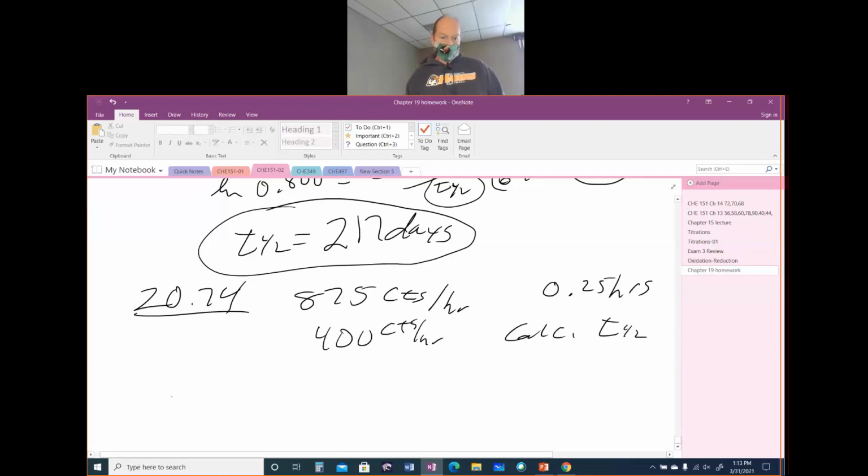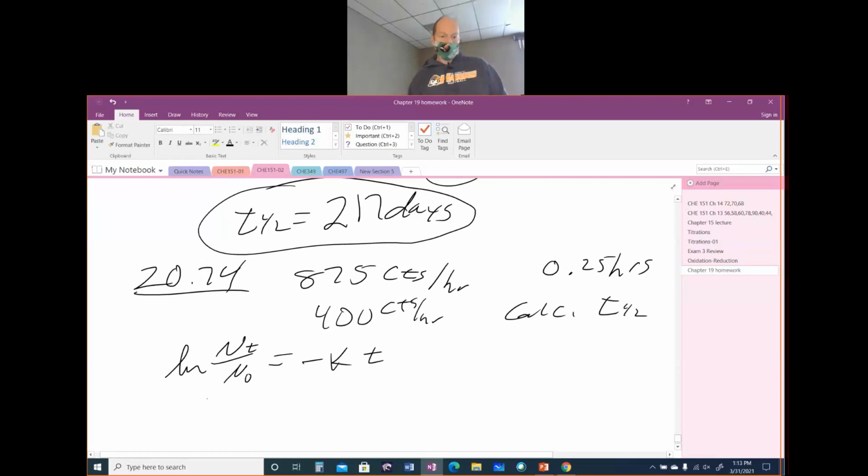All right, so again, you have your ln of N at time t over N initial is equal to negative kt. Here the ln of our number of counts after time t is 400, the initial count was 875, and that's equal to negative k after a time of 0.25 hours.